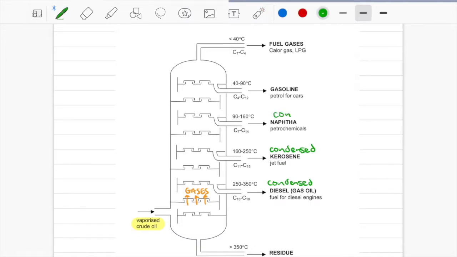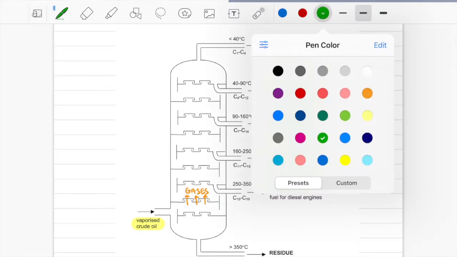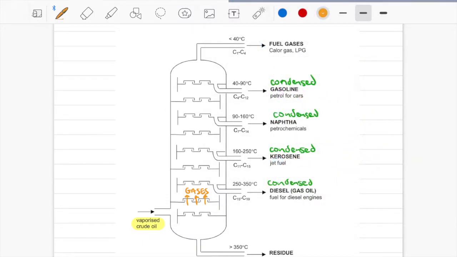Now, we've got this happening at different temperatures, and that's because we've got a temperature gradient. Clearly we're vaporizing the crude oil, and it's hotter at the bottom and cooler at the top.